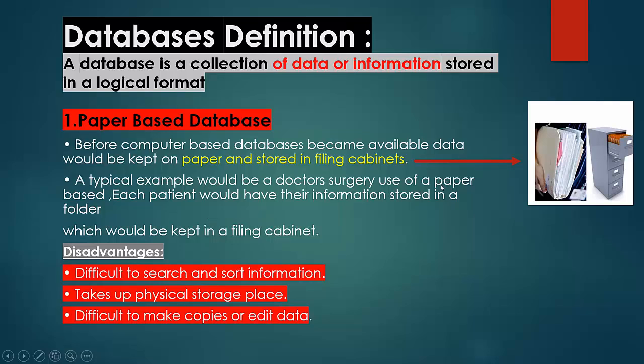The doctor uses paper for each patient, and he would have their information put on paper, and from those papers we are going to take them into a filing cabinet to keep them and store them for later on. So this is an example of a paper database. So we have a definition of the database and the first kind of database, which is a paper database.